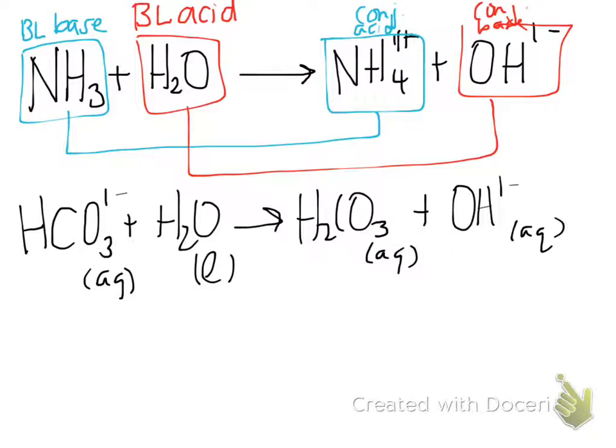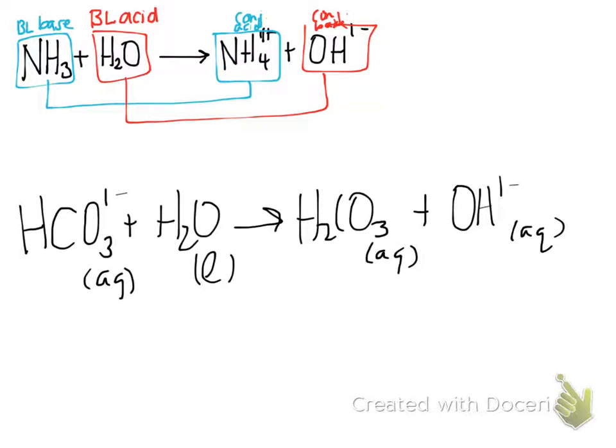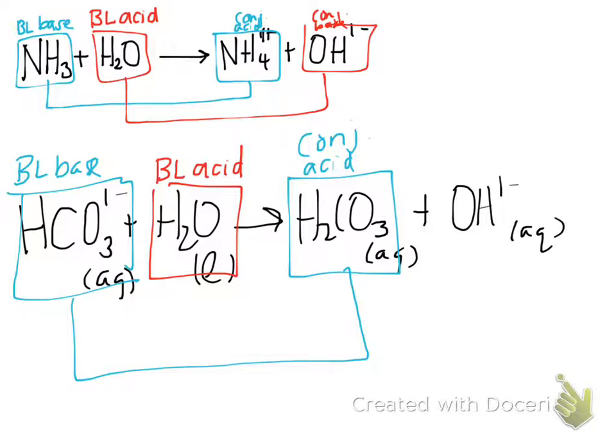There are two pairs. Okay, let's look at the one below, which I think is actually possibly a little bit trickier. What compound on the reactant side donates a proton to somebody else? H2O again. Okay, so that makes that the Brønsted-Lowry acid.